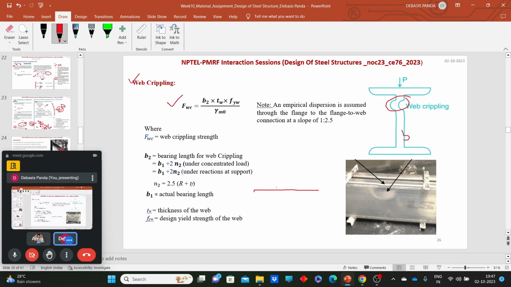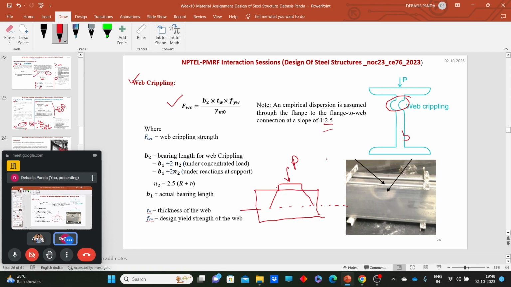Previously we considered 45-degree load dispersion due to the bearing. Here also we need to consider some empirical load distribution formula. Generally, the load distribution for the slope is taken as 1:2.5.